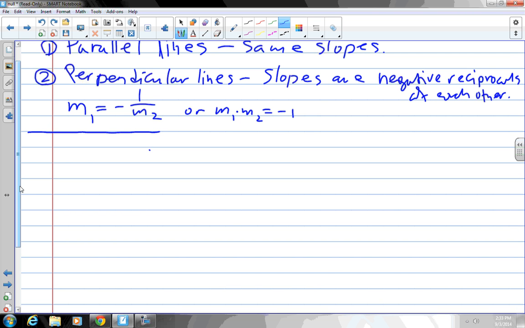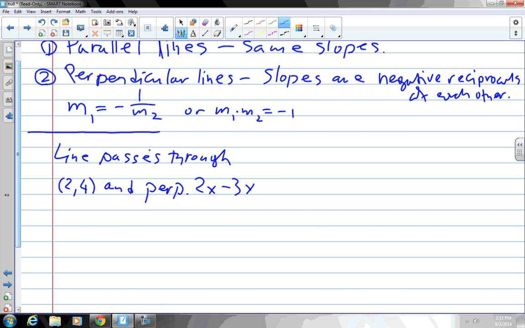So here's an example. Line passes through (2, 4) and is perpendicular to 2x minus 3y plus 4 equals 0.